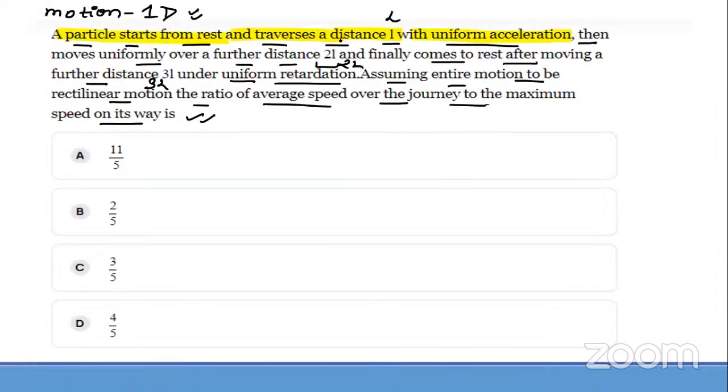Whenever you are not able to see it in the exam, it is different. But in your regular habit of daily studies, what you must do is have patience towards solving the question and towards your approach. The first line says a particle starts from rest and traverses a distance L with uniform acceleration.